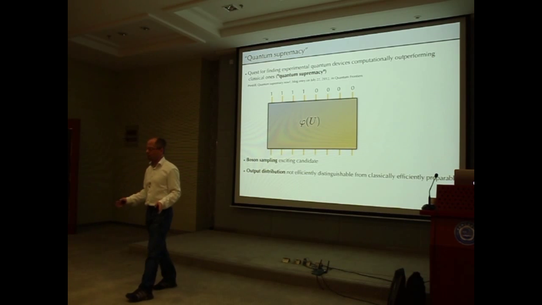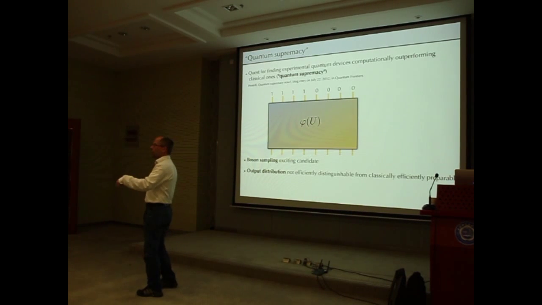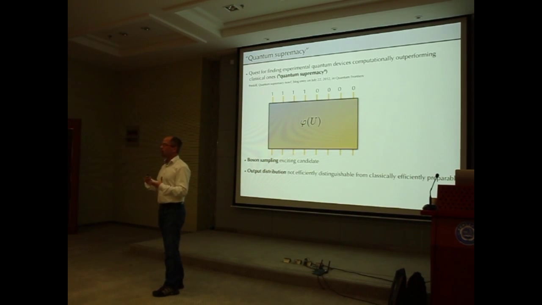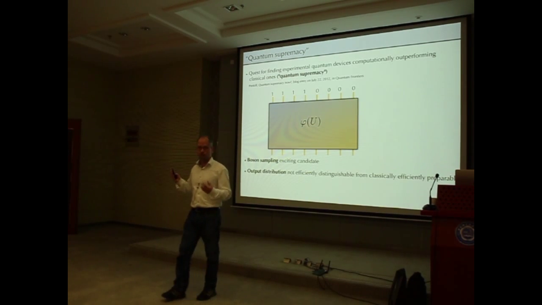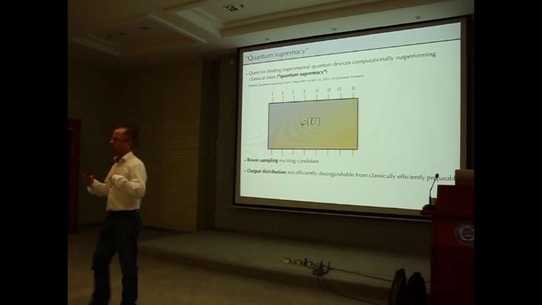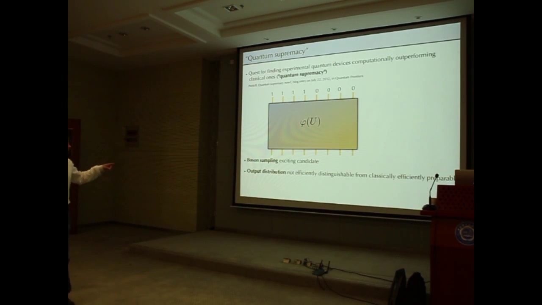You could put a black box, an iPhone, in it, spitting out numbers, and there's no way to discriminate it from the true boson sampler, although it is a more powerful device. This is the ironic situation of the output distribution not being efficiently discriminable from a classical, efficiently computable distribution in the first place.